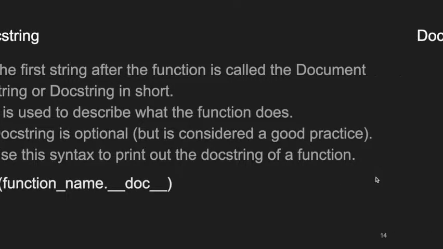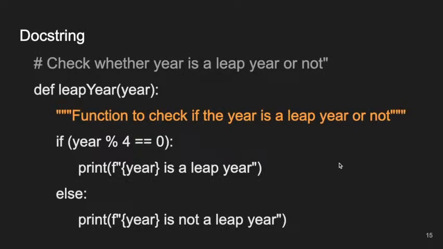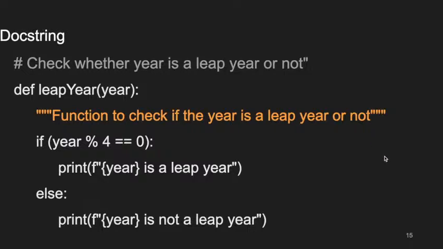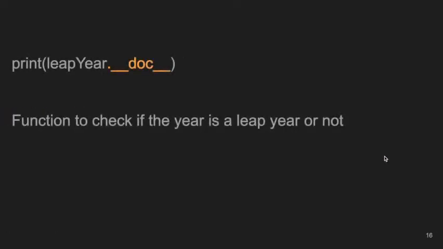Let's see an example here. You see here that we have another function, and this time we have a docstring here highlighted in orange: Function to check if the year is a leap year or not. So this is our docstring, and if you want to print it, you can use the print function, and the name of our function is leap year dot underscore underscore doc underscore underscore.